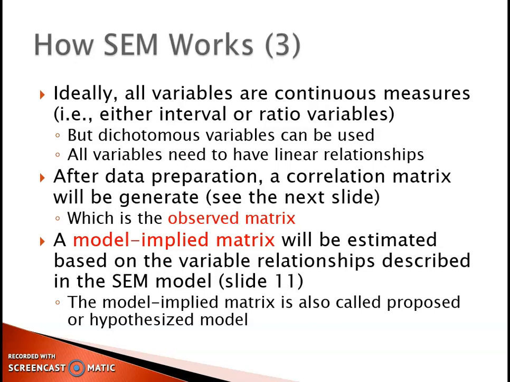We collected the data we needed from the sample, and the variables in the dataset can be used to create a correlation matrix, which is called the observed matrix because the matrix was generated from the data you collected. In the meanwhile, another matrix can be created, which is based on the variable relationships you proposed in your model. That's why it's called the model-implied matrix.